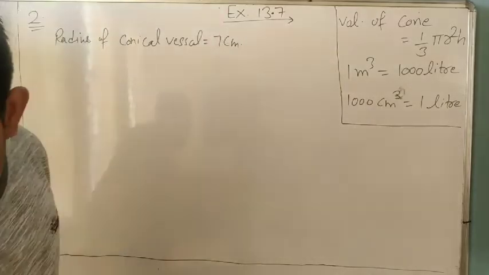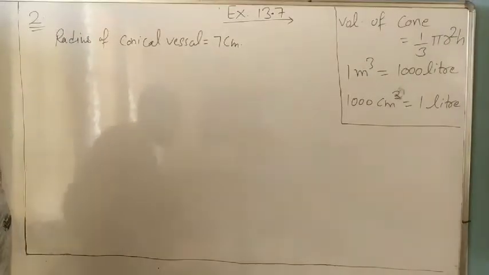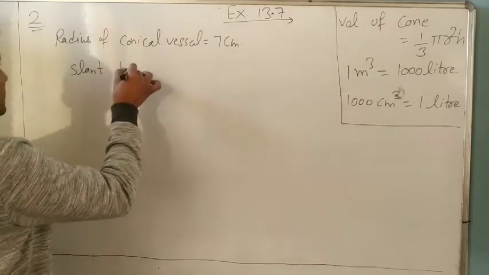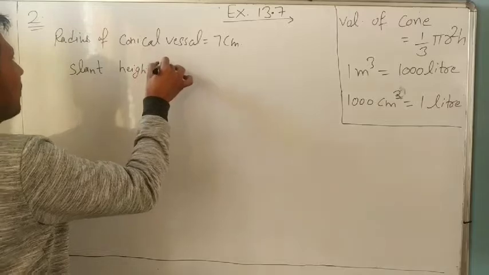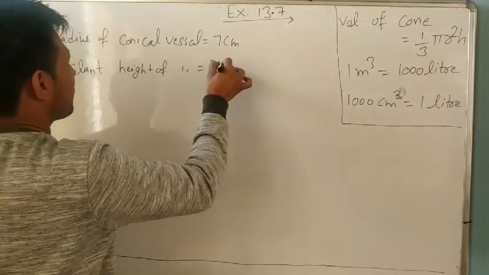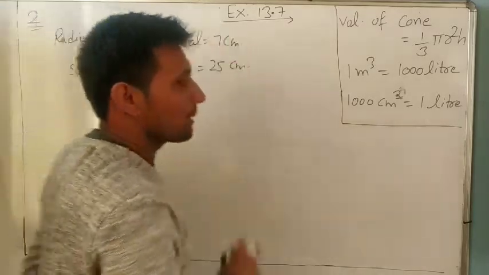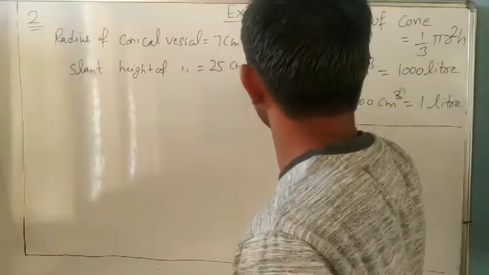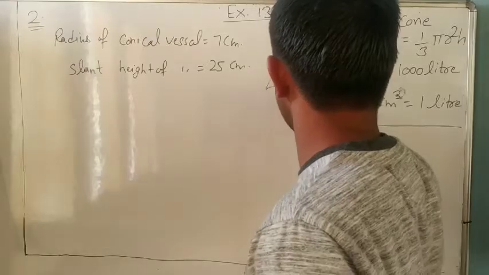And next, slant height is given. Slant height of vessel 25 cm. Always remember in cone slant height and height are different. Yes, it is cone. Yes, everyone knows it is cone.